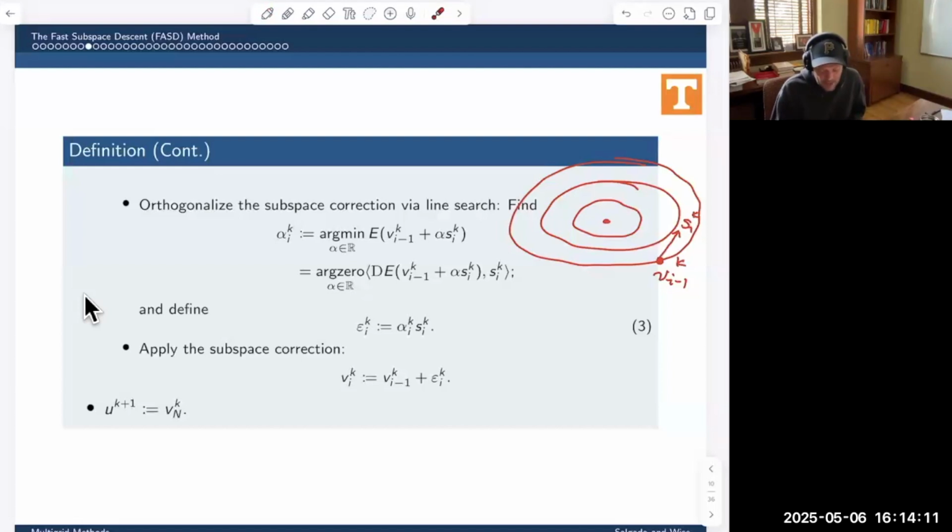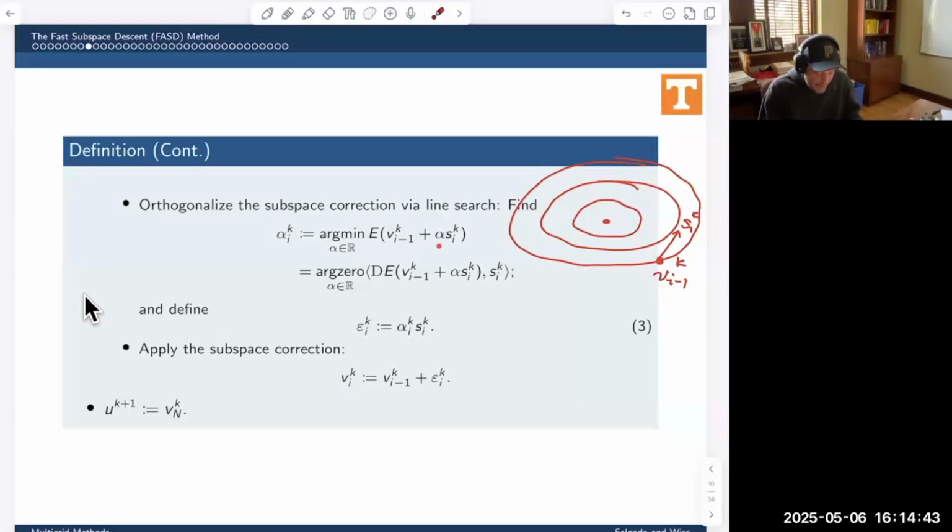And that's the same as solving a local Euler-Lagrange problem along that direction. The upshot is we're going to get a value out of there called alpha ik. That's the value along that one-dimensional space which minimizes this energy. Remember, it's an energy section, so it's a local parabola. So we're just going to go to the bottom of that parabola.